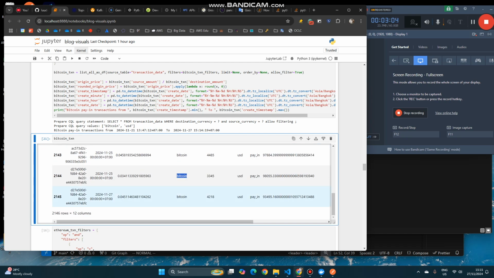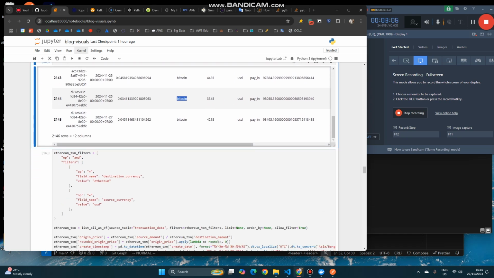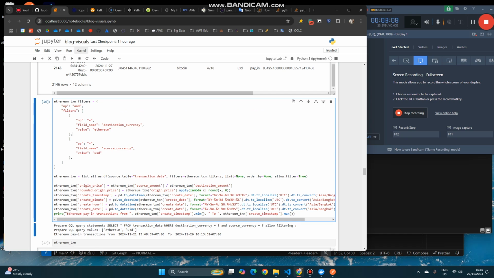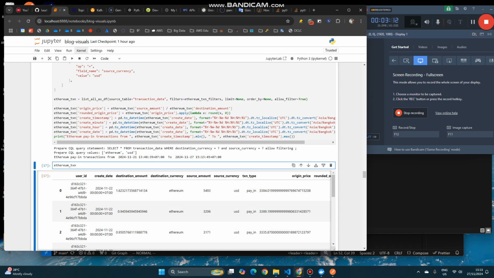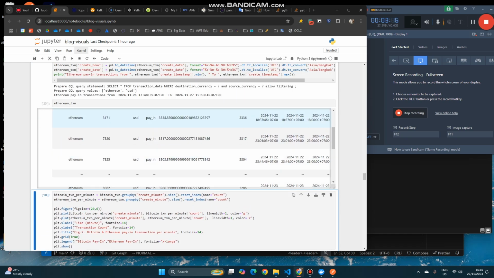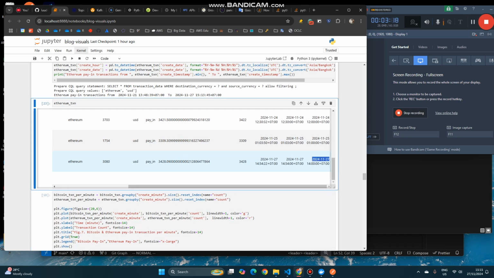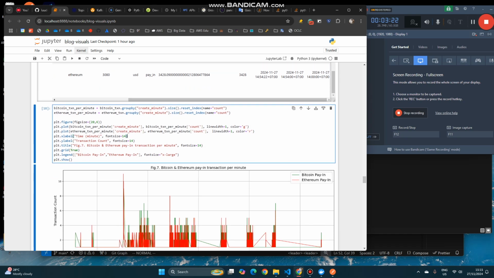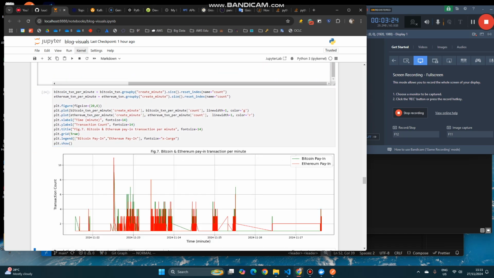So we have new transaction over here. Okay. We also have new transaction of the Ethereum as well. Let's see. Okay. Yeah, we have some transaction in 27 as well. Let's move to the next plot.